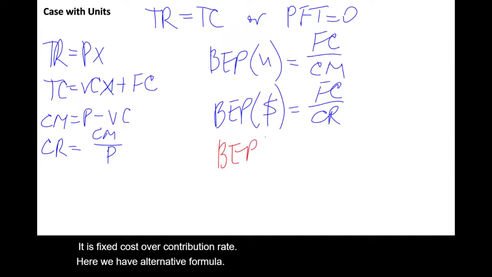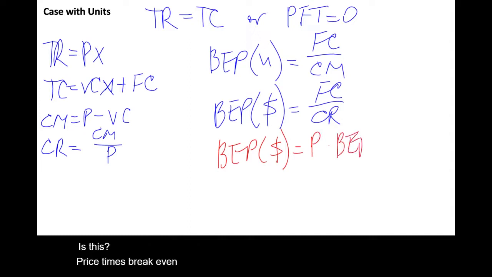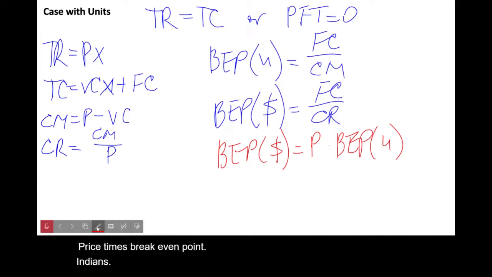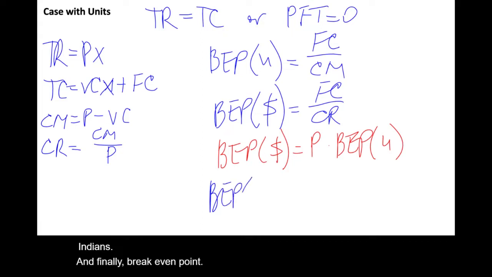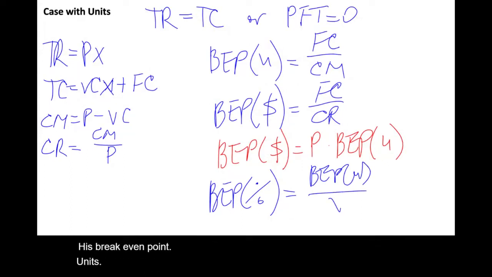Is this price times break-even point in units? And finally, break-even point as a percent of capacity is break-even point in units over X max.